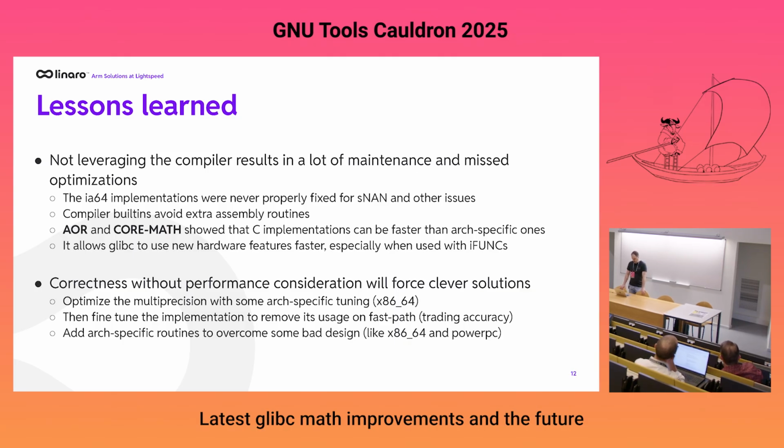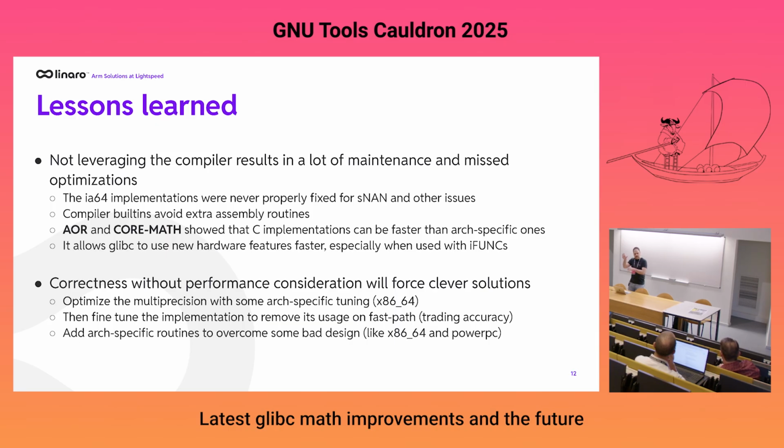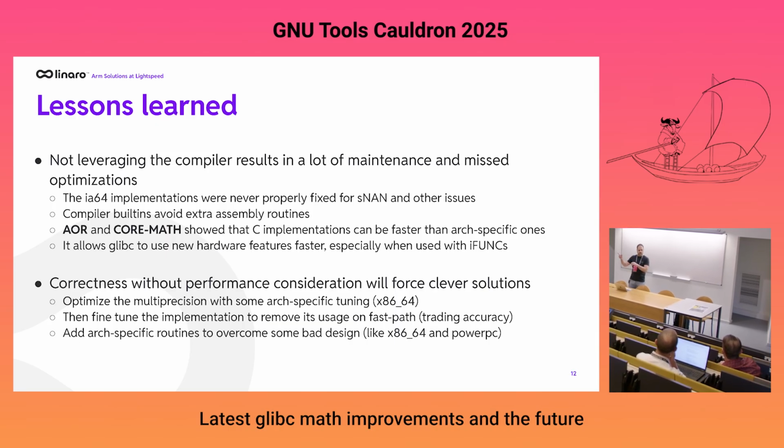What x86 and PowerPC ended up doing is they took the generic implementation we had for the function, transformed it to assembly, optimized that assembly manually, and pushed it to glibc, because either they could not get the same performance with the compiler or whatever. But they didn't change the mathematical approach of the implementation itself.